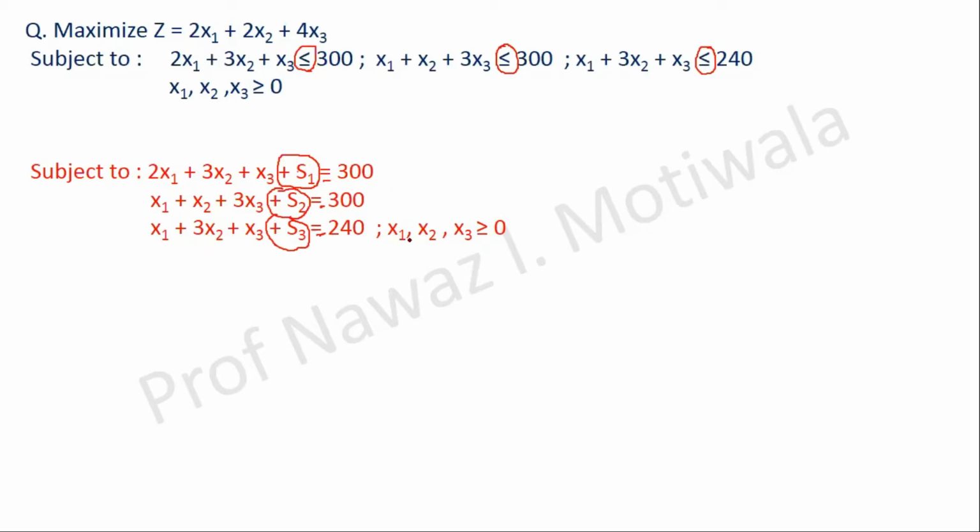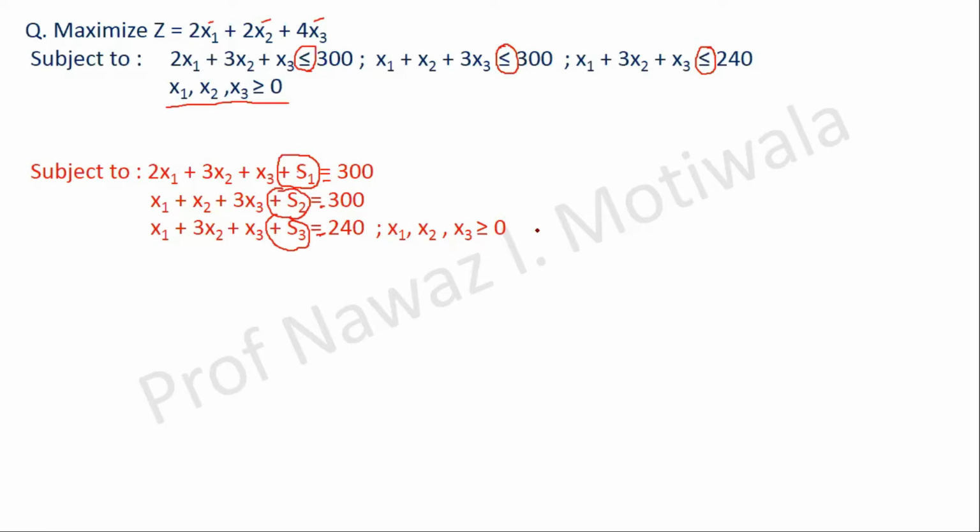And next is x1, x2, x3 greater than or equal to 0. There is one thing missing here which I forgot to write in the previous problem also. x1, x2, x3 greater than or equal to 0 was already there, because in the question there were only three variables. But now we have introduced three more variables, s1, s2, s3.